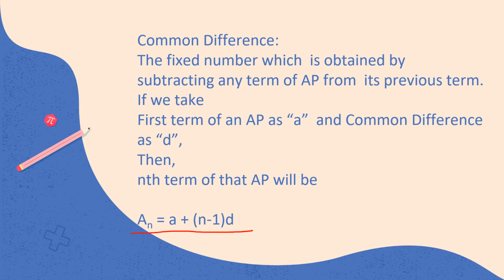In my sequence, 1, 3, 5, 7, if I wanted to know the value of the 25th term, I would put A plus (25 minus 1)D, where A is 1 plus 24 times 2, which is the difference. I get 49. So my 25th term would be 49.